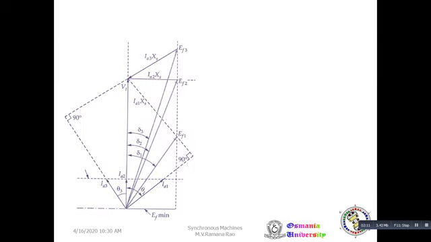So observe the vector diagram here. This is the terminal voltage VT and this is the excitation voltage EF. Keeping the load constant, but any load, keeping the load constant, what is the voltage equation?